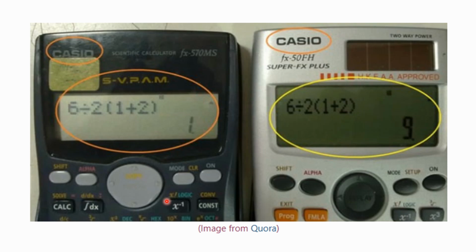They got a 1. Now the other calculator was an FX50FH. They got a 9 on that calculator. And the reason for that is that some scientific calculators take into account implicit multiplication, others do not.